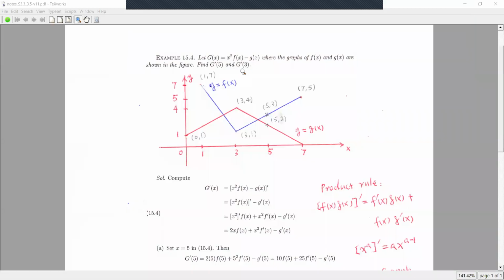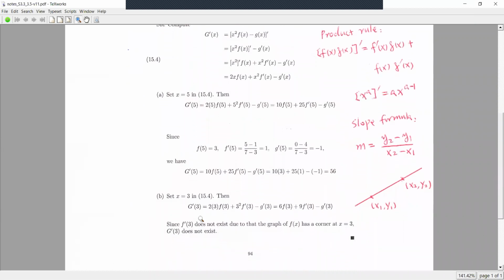Now, for the derivative of big G at the point 3, plug in the number 3 for x here. Then we have the derivative of big G at 3 is this number. Simplify this expression a little bit, then we get this number. Now go back to the figure to determine the values of these functions.